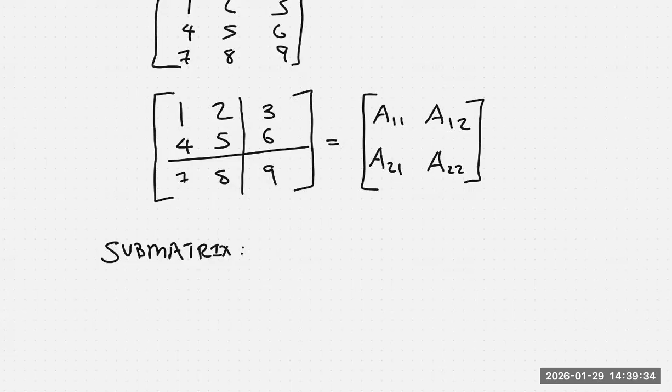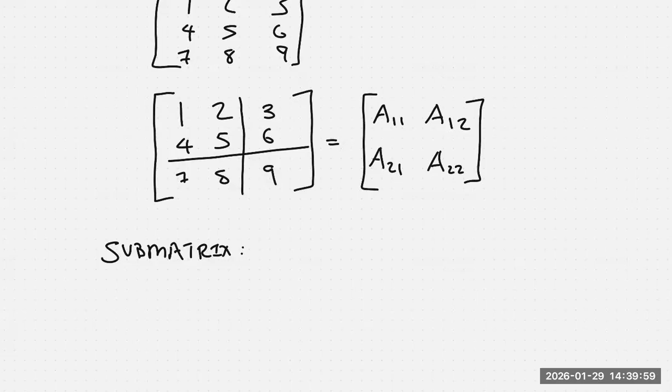If you cross out some, but not all, of the rows or columns of a matrix, it creates a submatrix of that matrix.